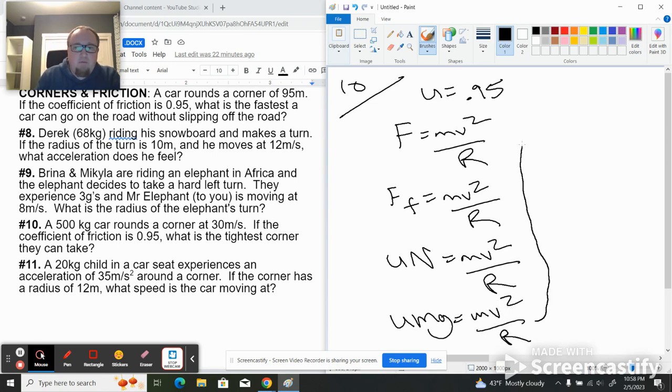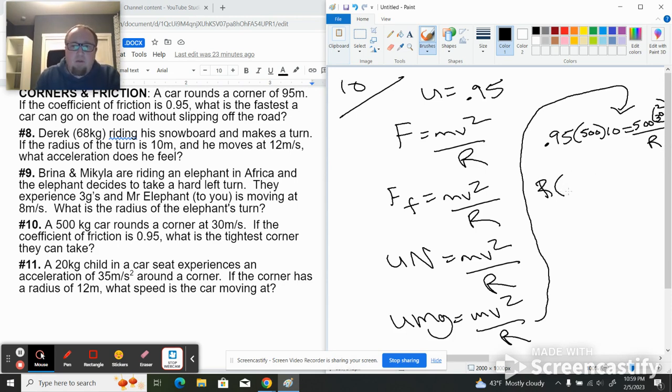Okay, so now I'm going to come back up here. I have mu is 0.95 times m. Let's plug it in, they gave it to me, right? v squared, 30, over r. R's on the bottom, and I need r on top, so I'm going to multiply both sides by r. 0.95.